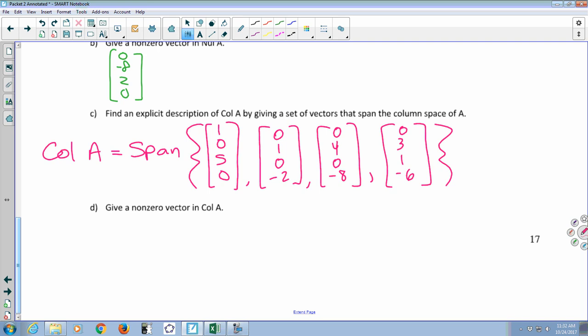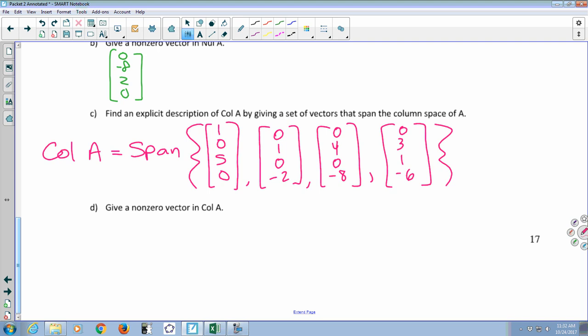It's just the definition of the column space. It's the set of all linear combinations of the columns of A, or the span of the columns of A. It might be that you don't need every single vector in here to build the column space, but we'll talk about that in the next lesson.